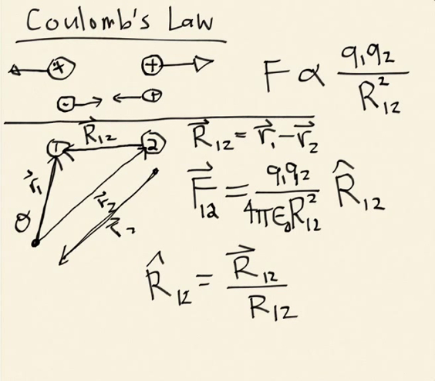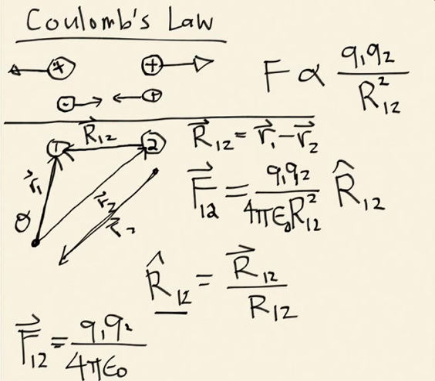All right. Now another way, noting this definition of R12, I can also write my force on particle 1 due to particle 2 as Q1 times Q2 over 4 pi epsilon naught R12 cubed, because what I can do is instead of R hat, I can write R vector 12, but then there's an R cubed.